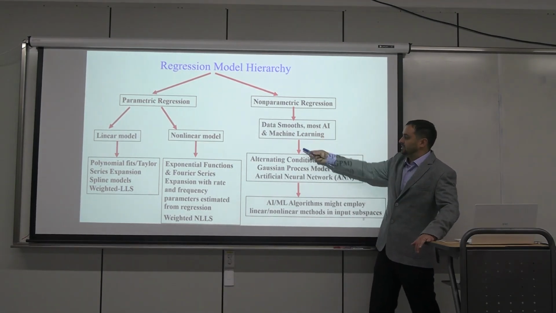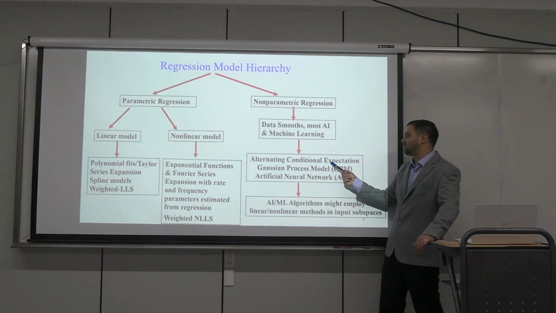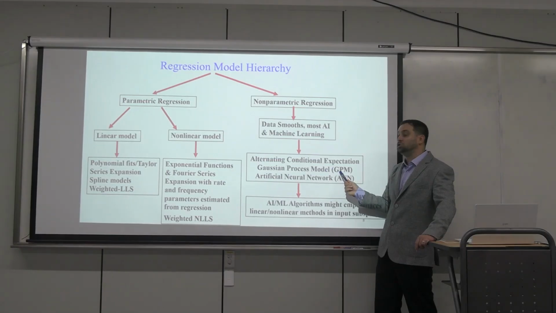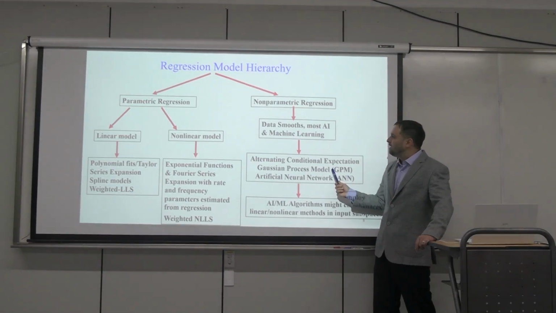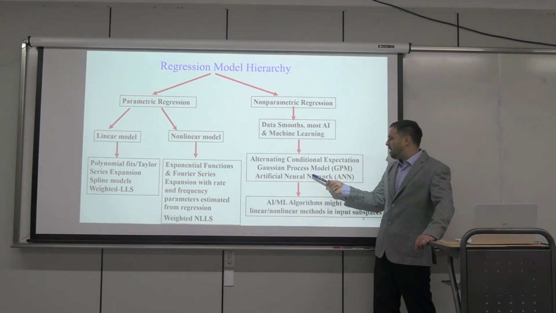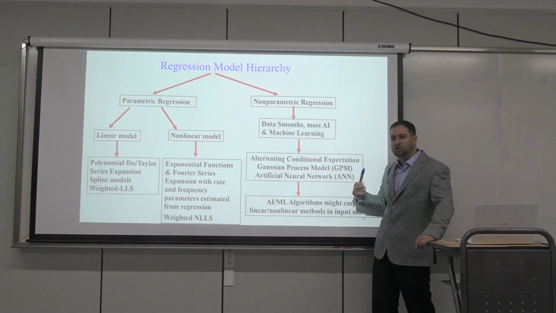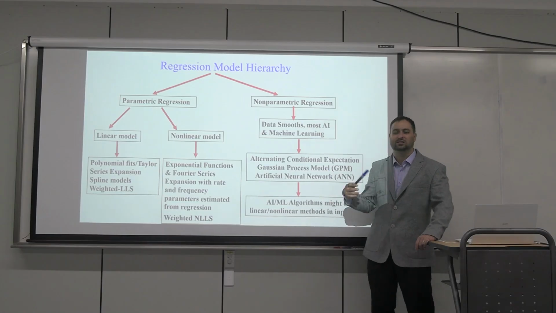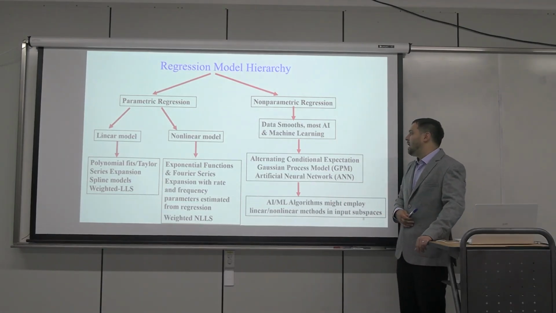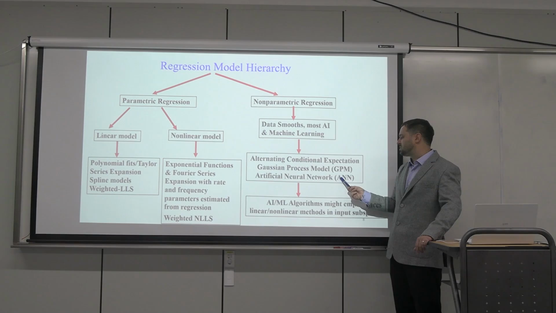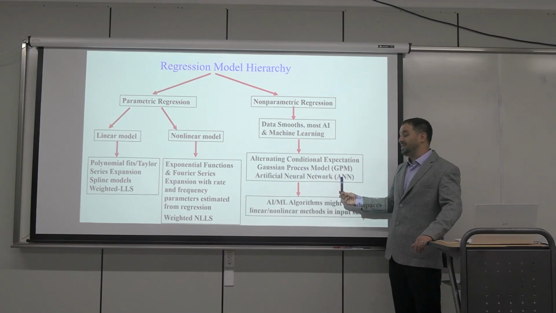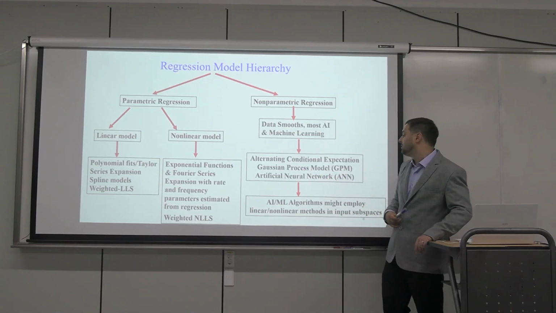Some specific examples would be the alternating conditional expectation or ACE algorithm, also the Gaussian process model, the GPM. Probably over 50% of machine learning applications are using the Gaussian process model or Gaussian process regression. Also the artificial neural networks, the ANNs, fall under this AI machine learning. I consider both the GPM and the ANNs to be data smooths.